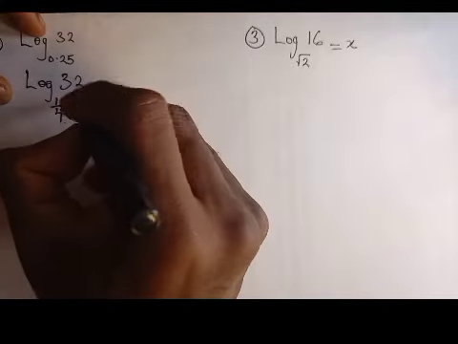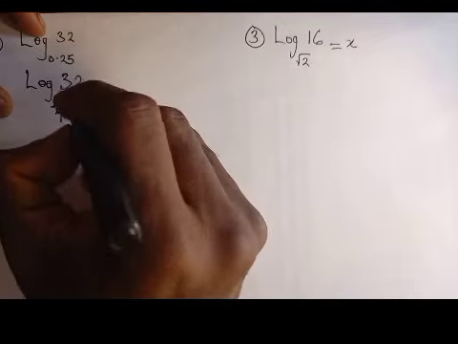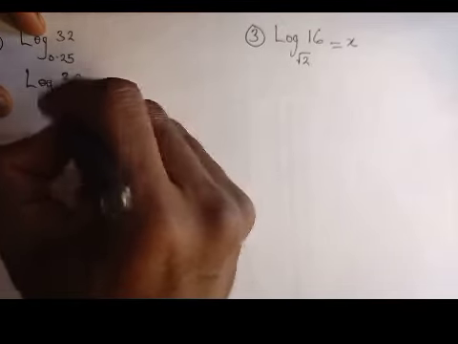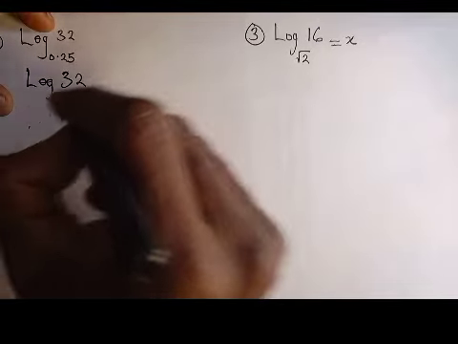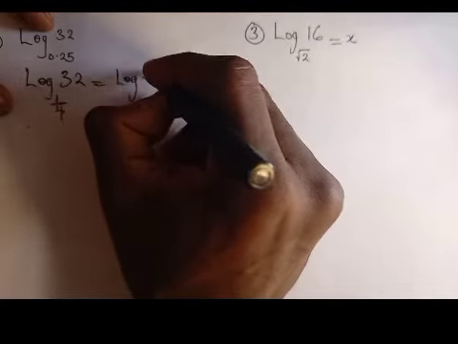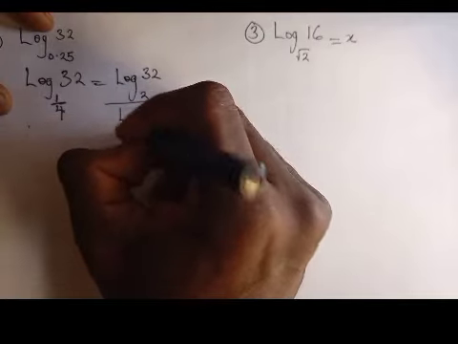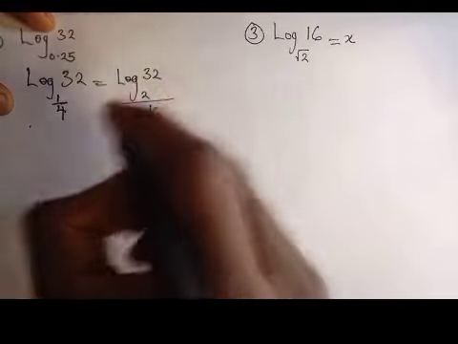Okay. So now that I've changed it to a fraction, I want to change this to having a base of 2. So this is going to become log 32 to base 2 all over log 1 over 4 to base 2.